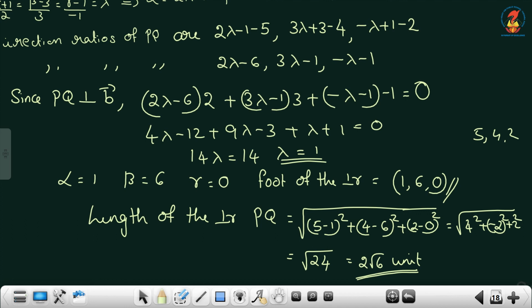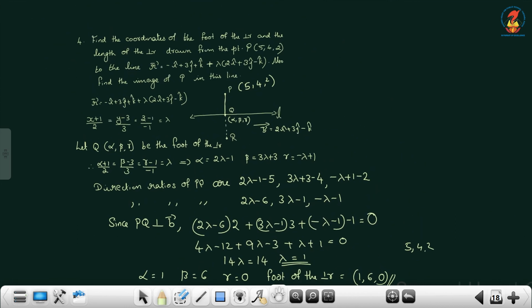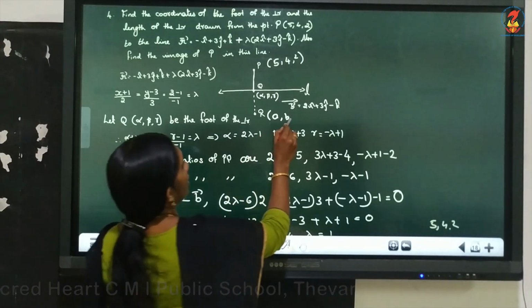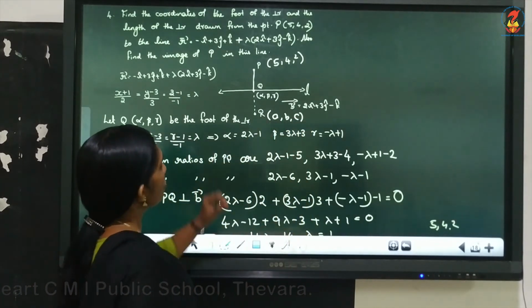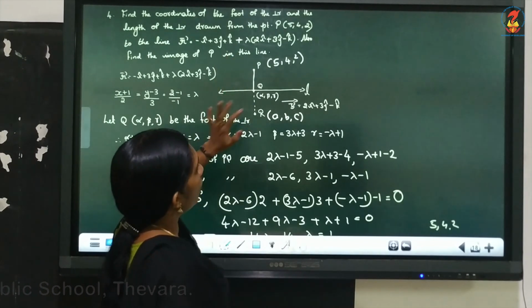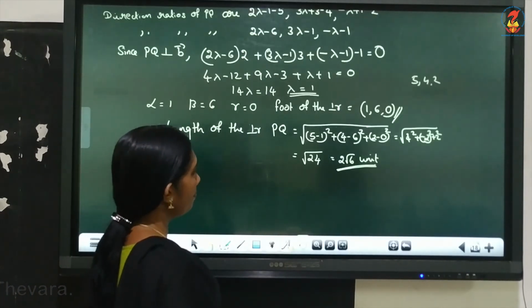Now we have to find the image. That also we have to find. Look here, also find the image of P in this line. So here I have extended to R. Let R be the image. ABC or any other letter you can use. This is the image. So this PQ and QR must be equal, or Q is the midpoint of PR. That result we have to apply.